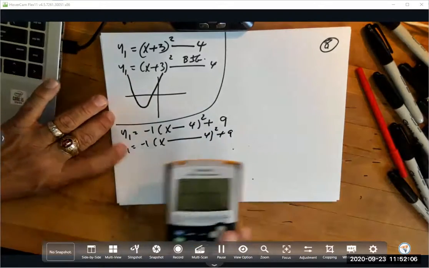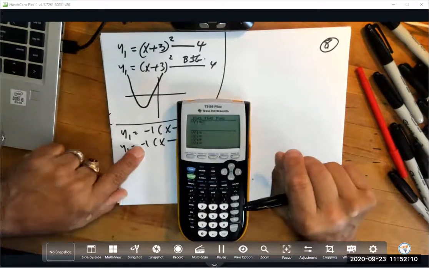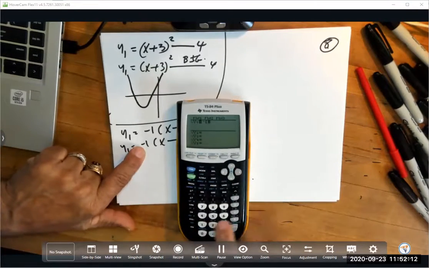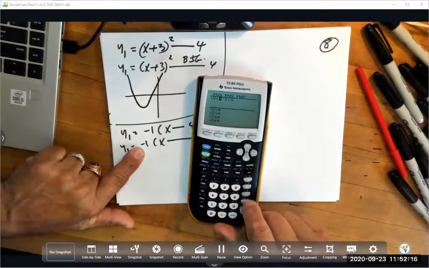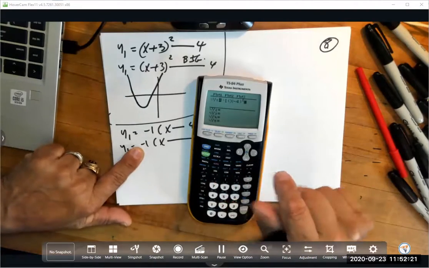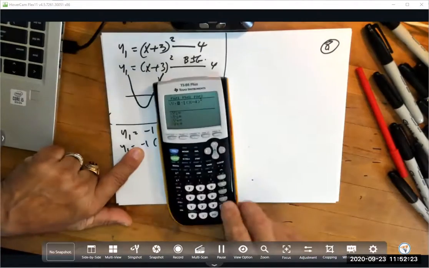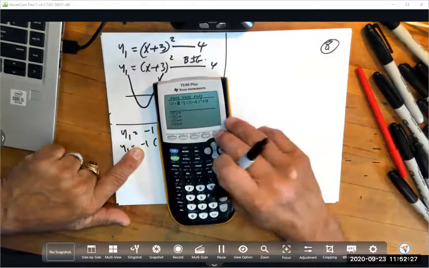All right. Put it in your calculator, you do it. Y, clear. Let me do mine. -1 parentheses x minus 4 to the power of 2. And then what else? Plus 9. Is that right? That looks okay. Boom.